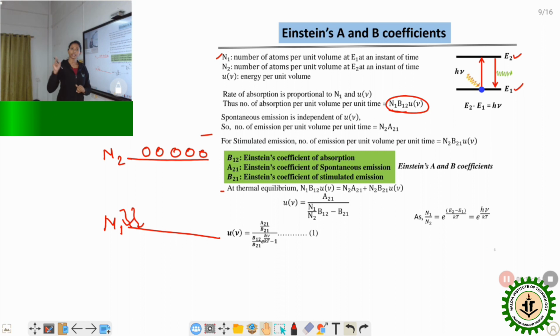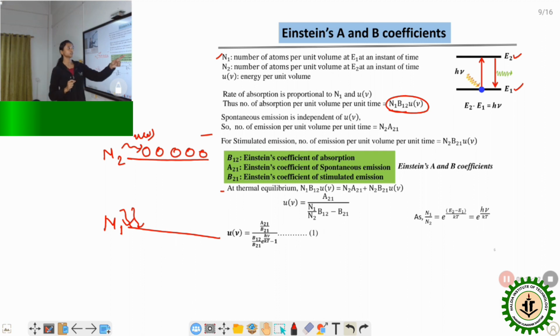we need the external excitation of the excited state. That means we also need to consider the energy density U(ν), because we need the same energy E2 minus E1 to interact with the excited state atom for stimulated emission.